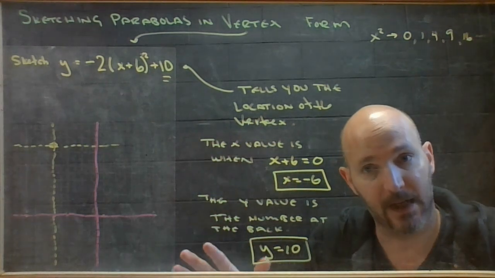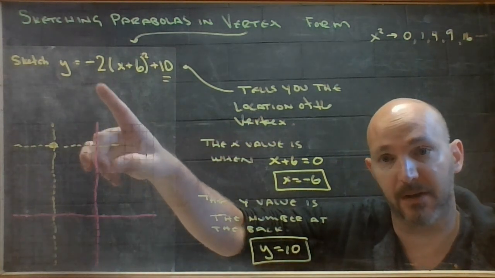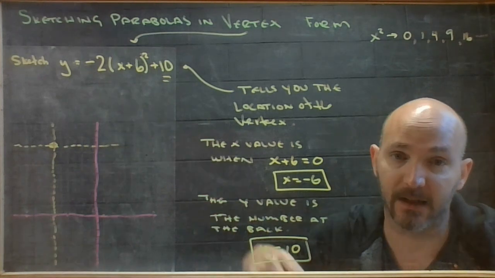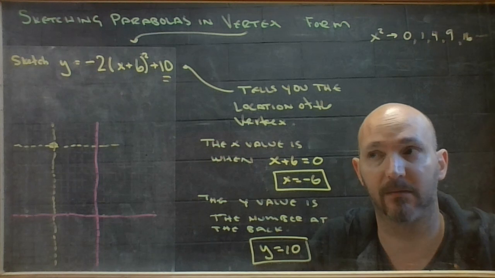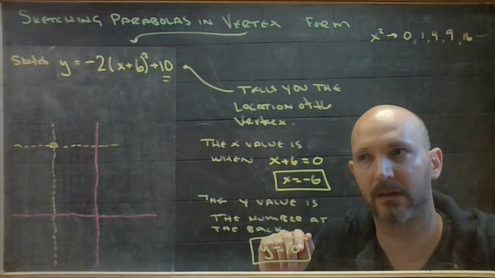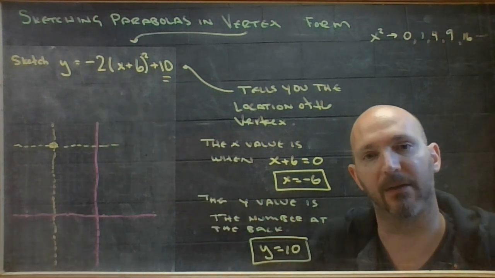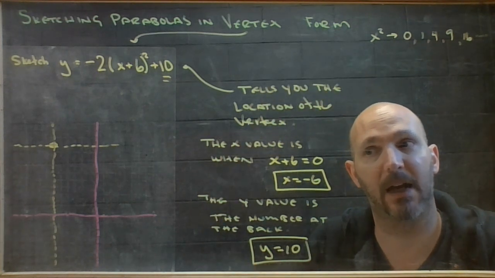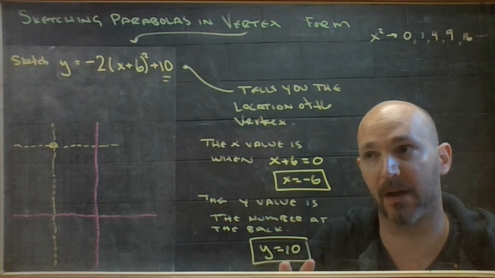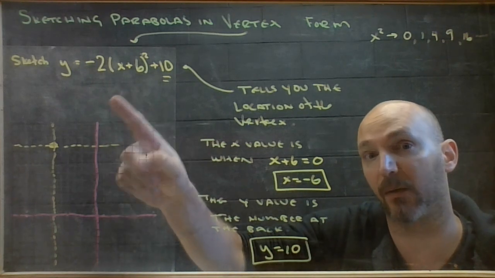Now that that's established, I can look at this number in front. So I see a negative, which means it's going to be dropping from the vertex instead of rising. And I have a 2 out here now, which means I'm not counting the x squared patterns, I'm counting twice the x squared patterns. This is a double powered parabola.